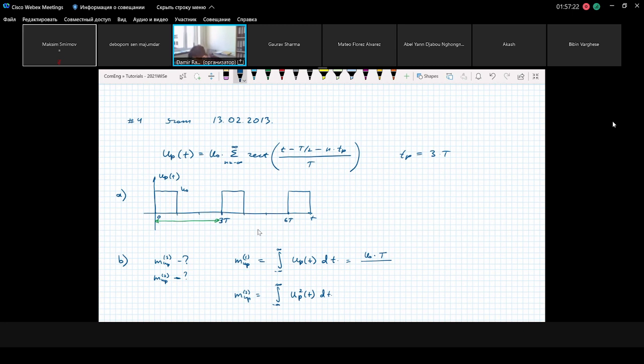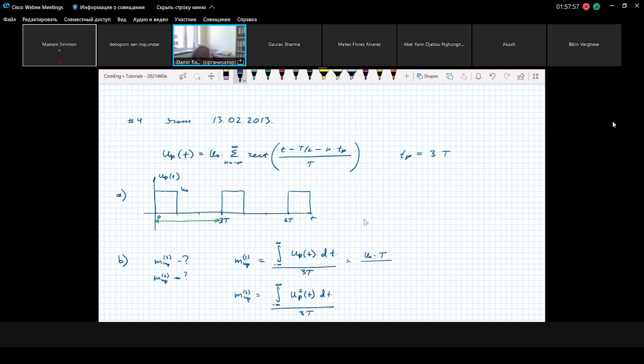I should modify the expression correspondingly: it should be the integral over T, and then I should also divide by the duration of one period. Or we can simply write 3T.